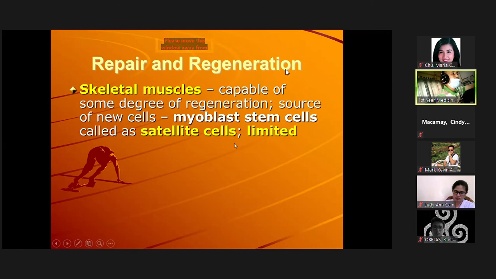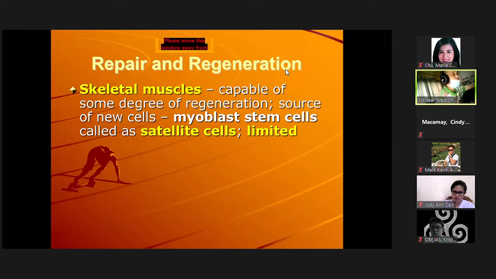The same here: myoblast stem cells, called satellite cells, although limited. That's why when you have an accident, the skeletal muscle degenerates and becomes smaller compared to normal, because regeneration is limited.